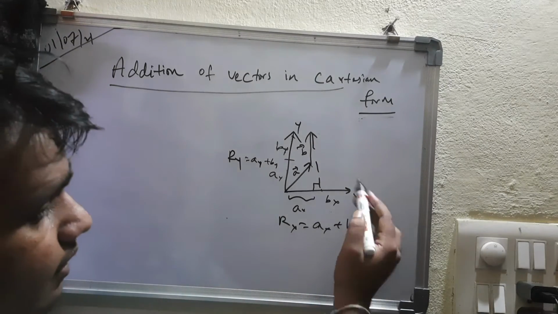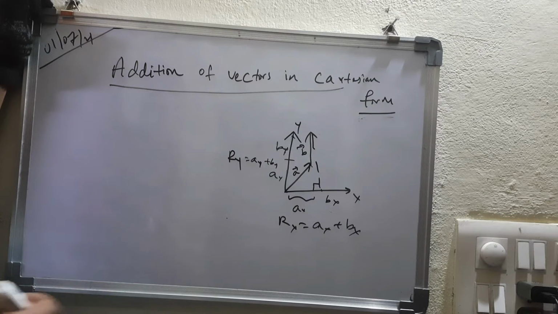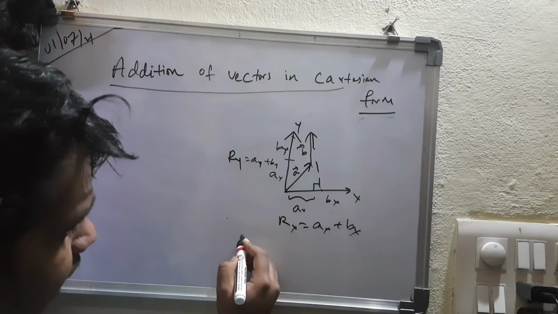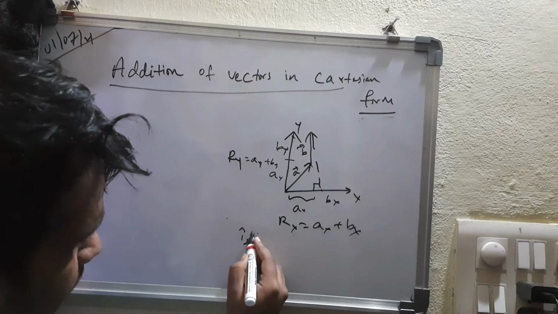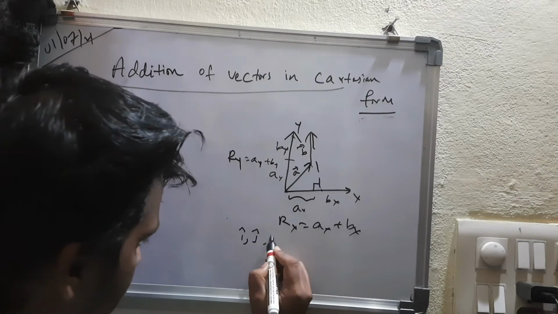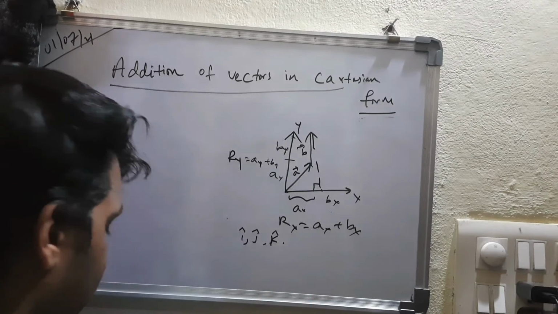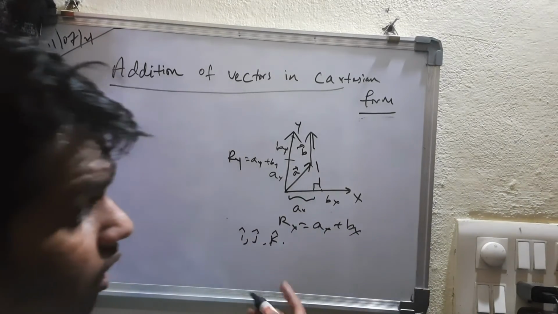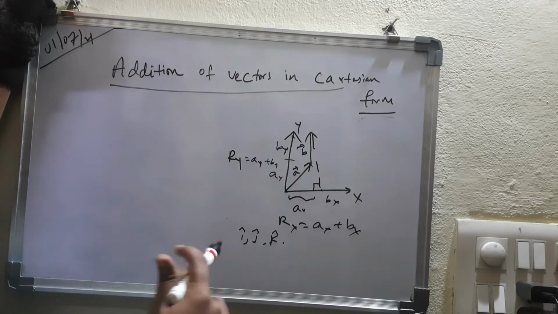Now for the x axis and y axis we denote these using some values, that is i cap, j cap and k cap. These are three letters which we use to denote the values in the x axis, y axis and z axis.